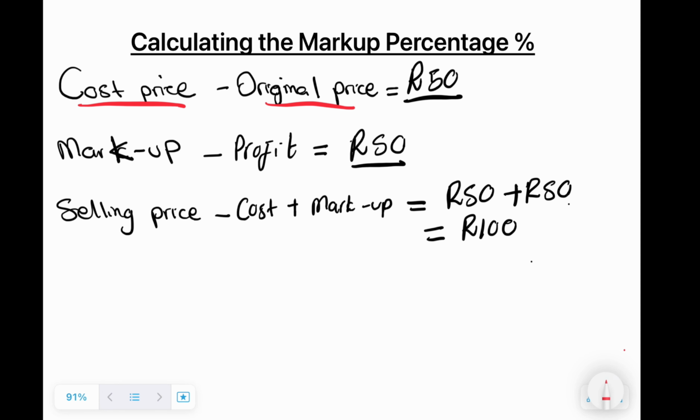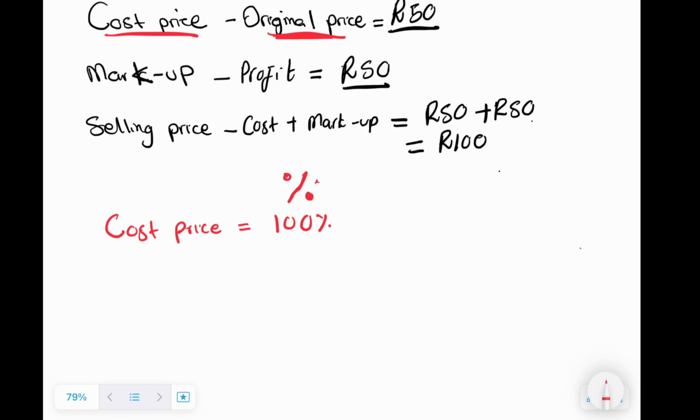So when we are working with percentages, your cost price is always 100%. It is 100% because it is the original price, so there is nothing added to that amount. It is 100%. It is a whole. That's why we say cost price is always 100%.